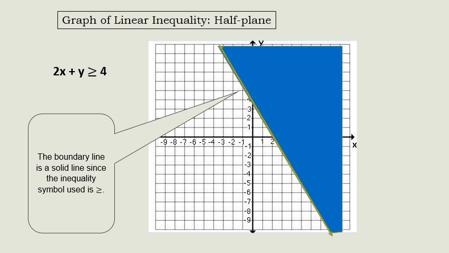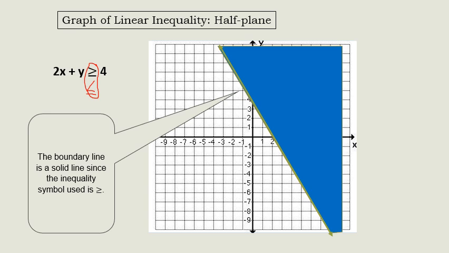So I'm going to write this. The other symbol is less than or equal to. These two symbols use a solid line. So if you see these symbols, you need to use the solid line.